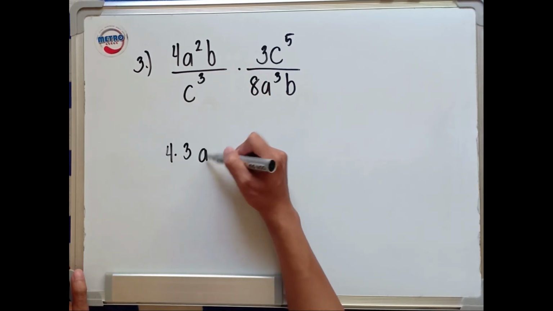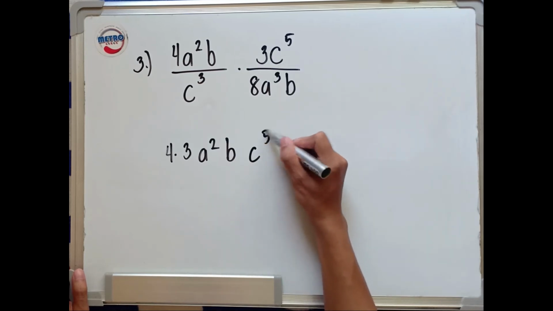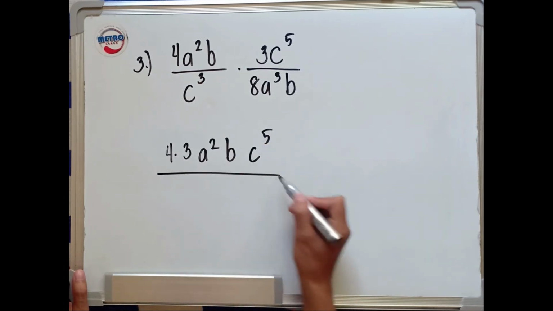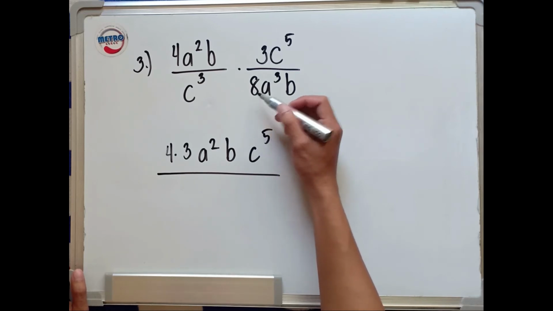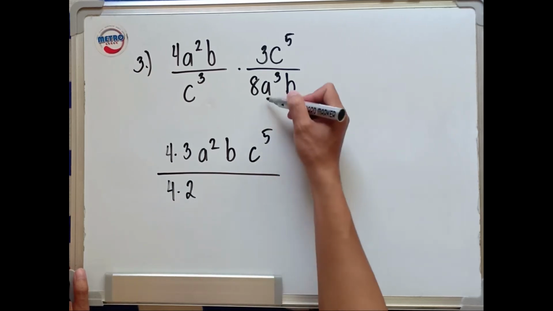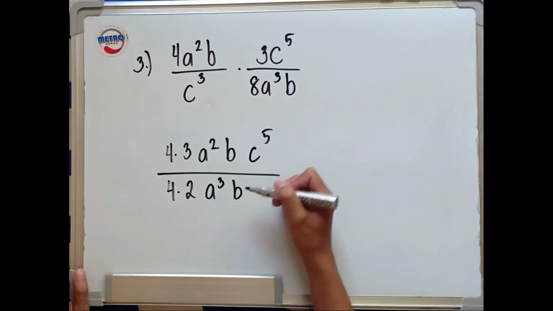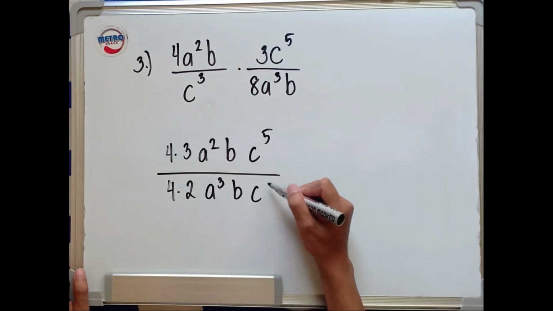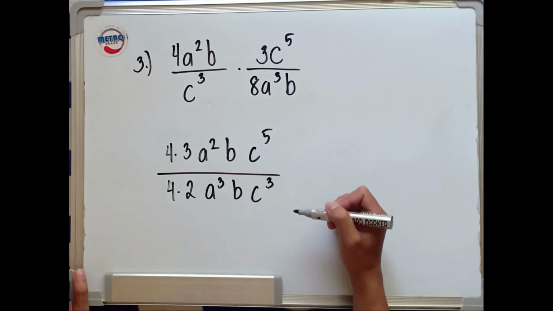Copy a squared, copy b, and c raised to 5. Then 8 could have factors of 4 and 2. So 8 can be written as 4 times 2. Copy a cubed, copy b, and copy c cubed. If you notice, I wrote the variables alphabetically.